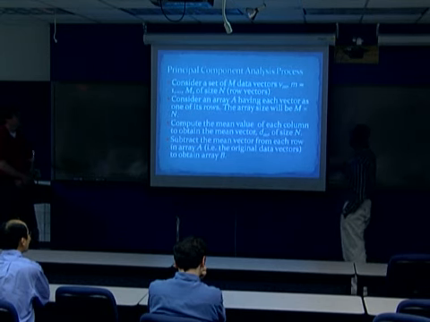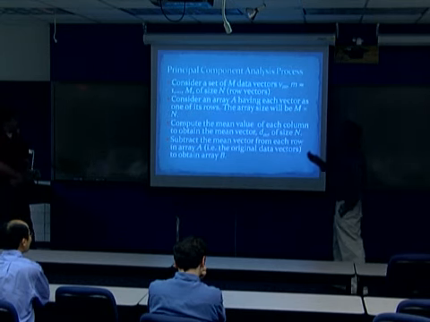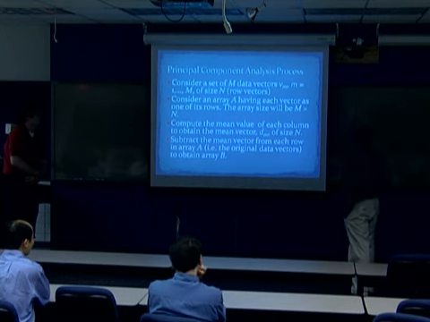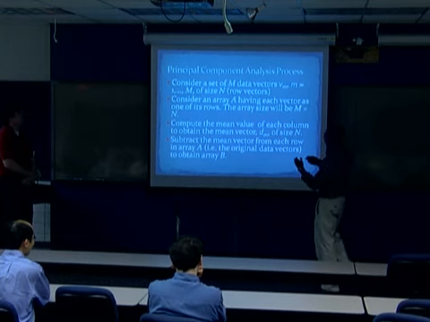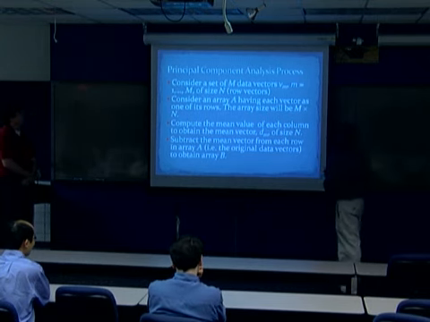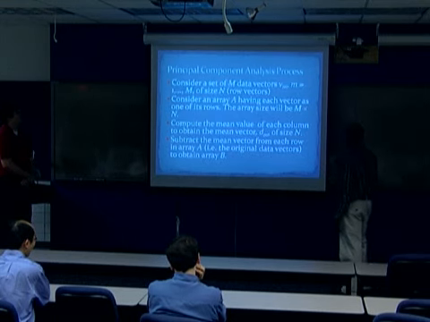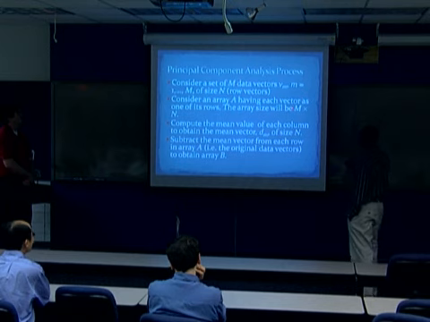So I'm going to walk you through some of the steps that we use for PC analysis. First of all, you get a set of data or vectors, V of M, of size 1 by n.